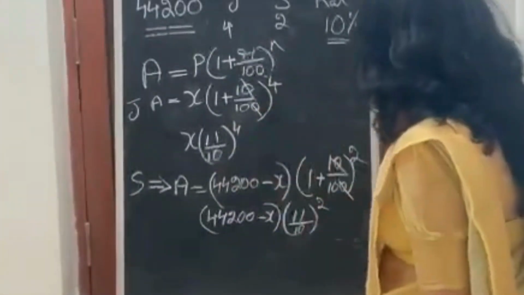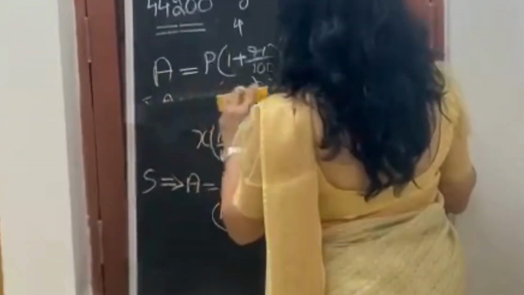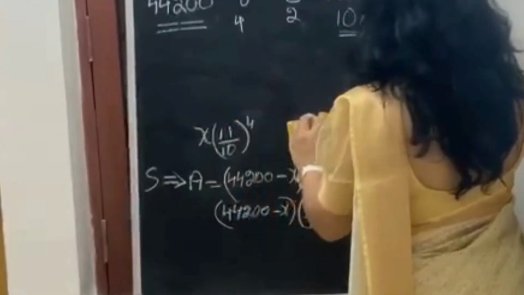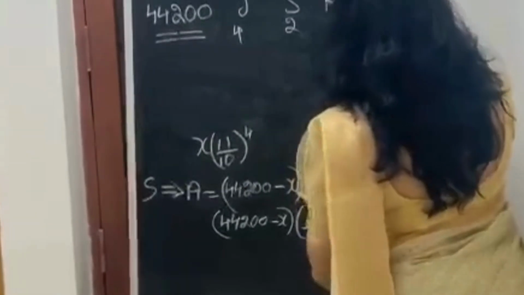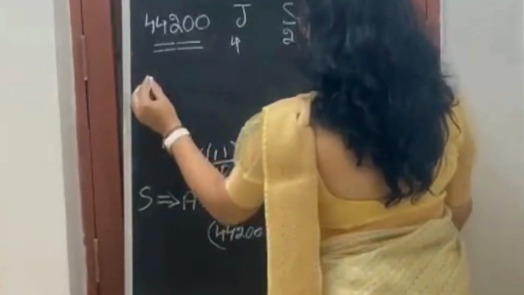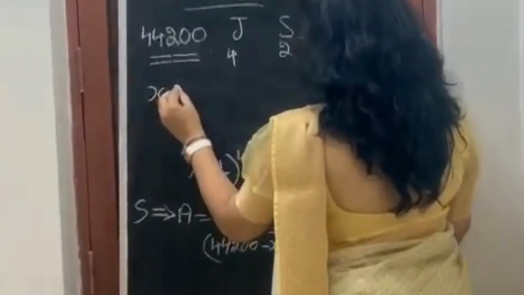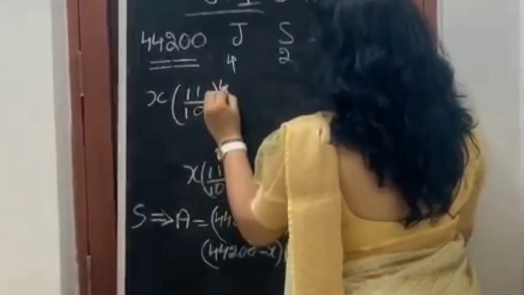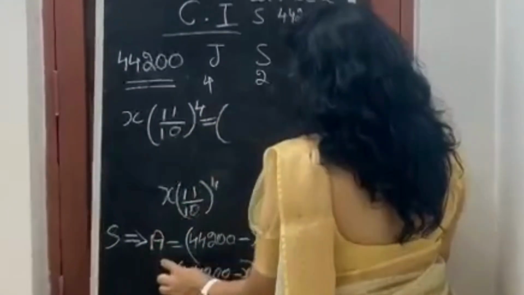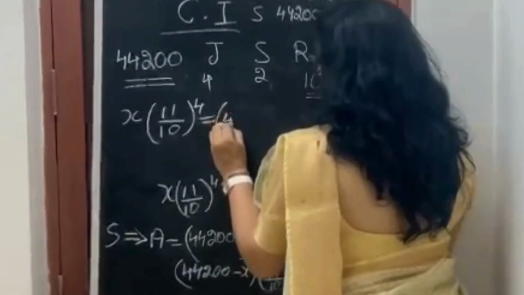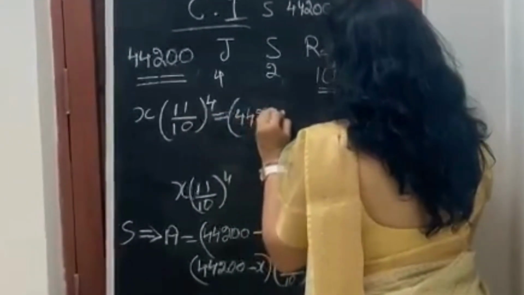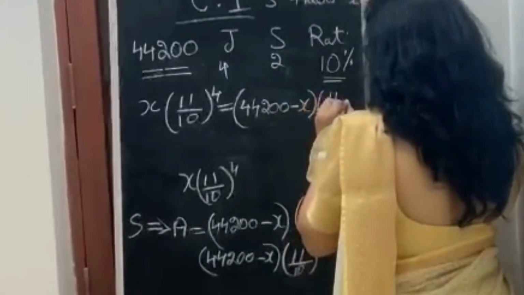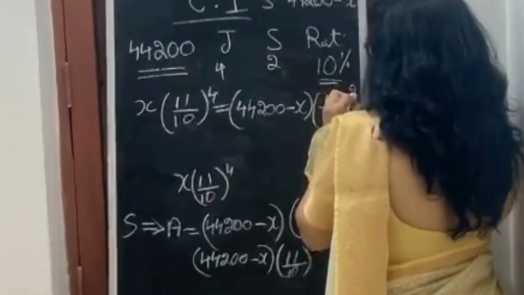Now how will we do it? The sum tells us that when they both are 16 years old, the amount they receive will be the same. So amount of John, X into 11 by 10 to the power of 4, will be equal to amount of Smith, which is 44,200 minus X into 11 by 10 to the power of 2.